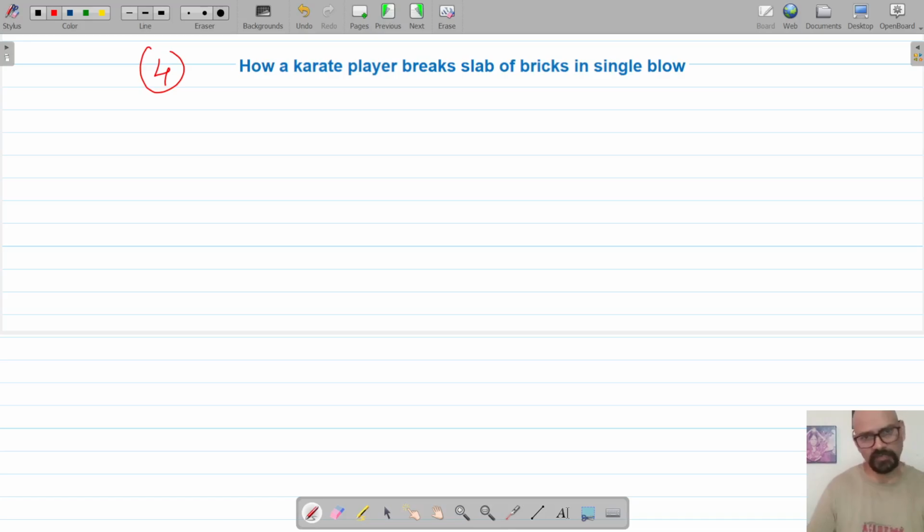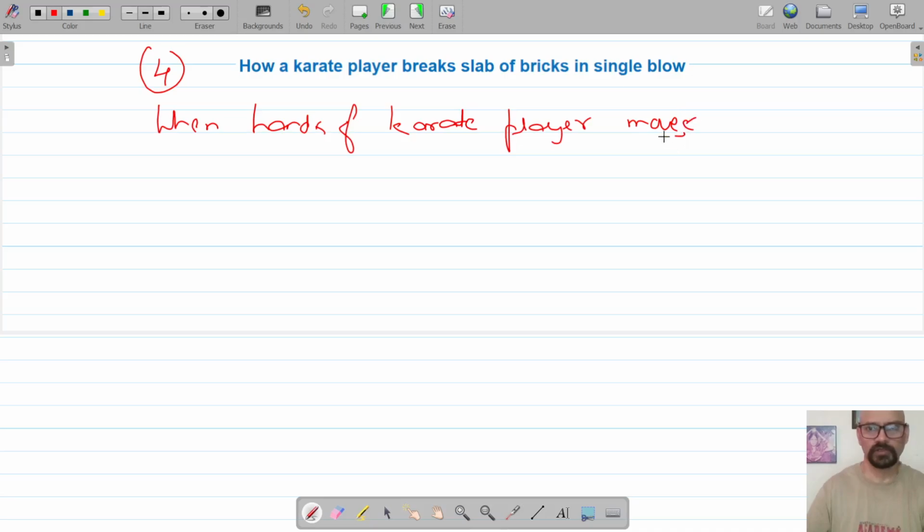When the hands of the karate player move, they carry velocity. You might have seen that they bring down the hands with a very large velocity. When the hand touches the slab of bricks or ice, the velocity is brought down to zero in a very short span of time.